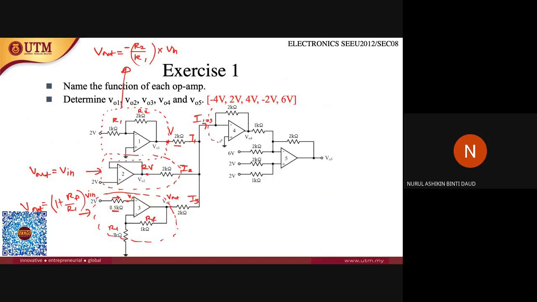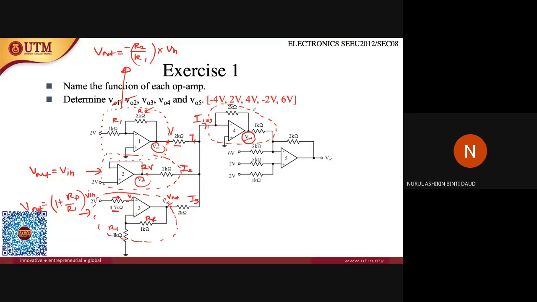For this configuration, identify what configuration it is. After you identify, you can proceed with the formula like this. Next, you can find the value of VO4 here. Kalau kat sini, you already have the value of VO1, VO2, VO3, and from here you can get the value of VO4.